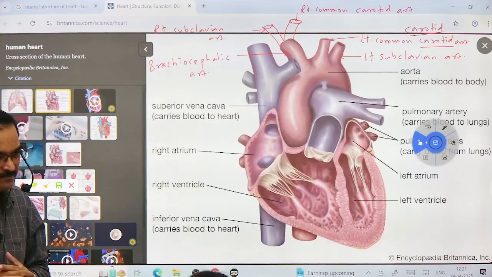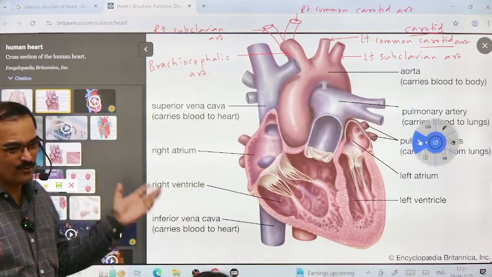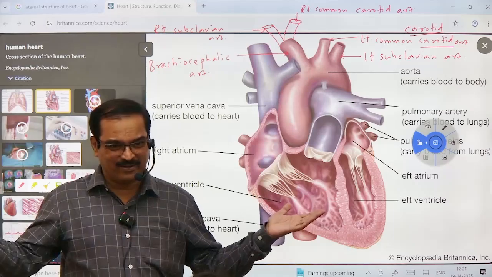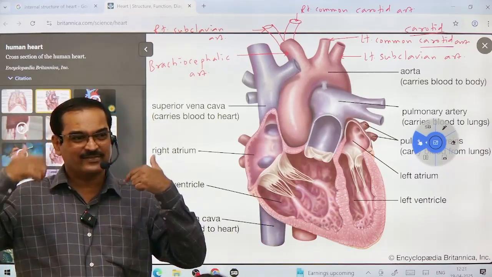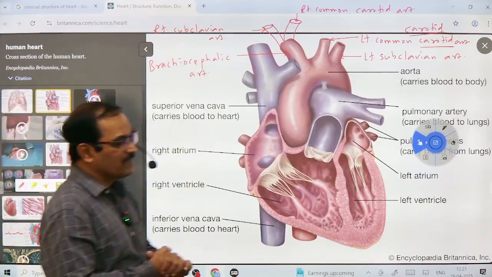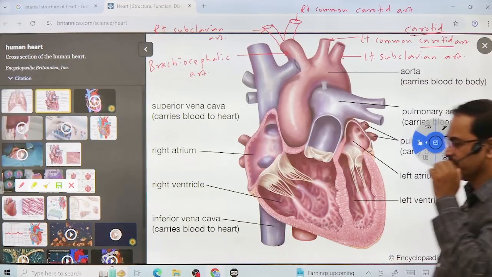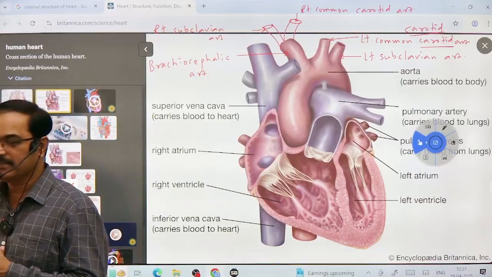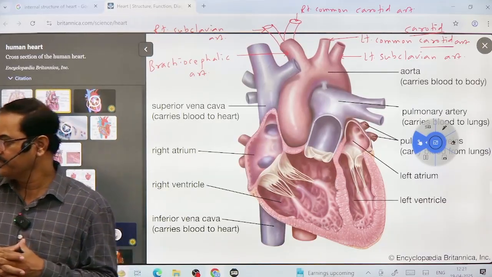And the left subclavian? Left hand. Right subclavian, right hand. There are two subclavian, no? There is left subclavian, right subclavian for the two arms. And what about common carotid? Right and left side of head, neck and brain. Are you getting? Right. Subclavian arteries supply blood to arms. That is four limbs.